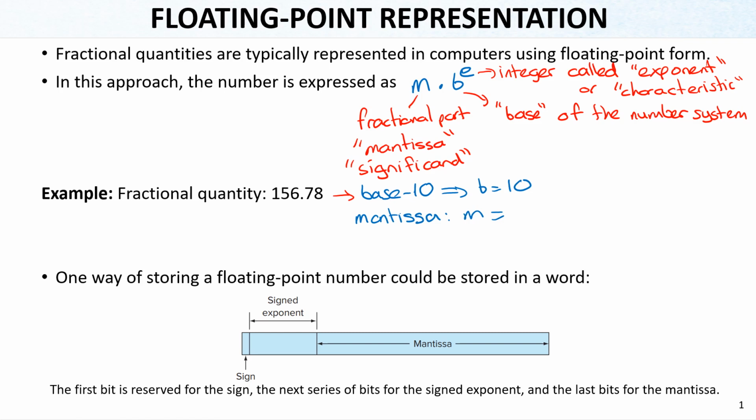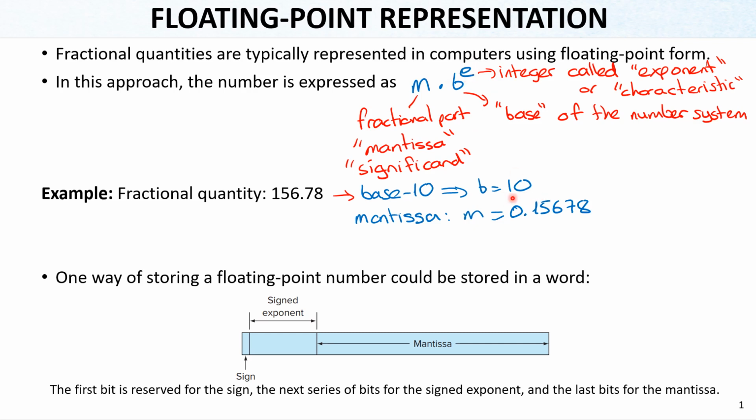Here we will make the entire number 0.15678. We need to do that to define mantissa. It is just a fractional part, so it only shows the decimals. And that means M is 0.15678. And if we represent the M like this, to be able to move the point from here to here, we will multiply this by 1000, which gives us b to the power 3 actually.